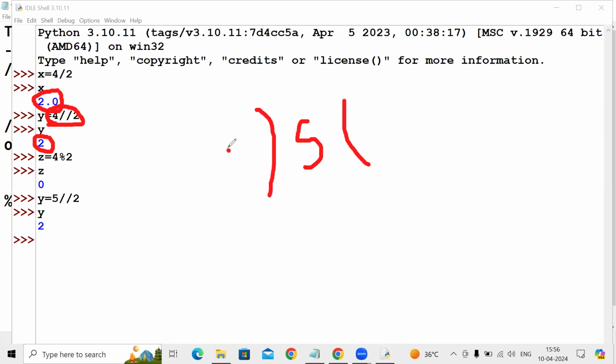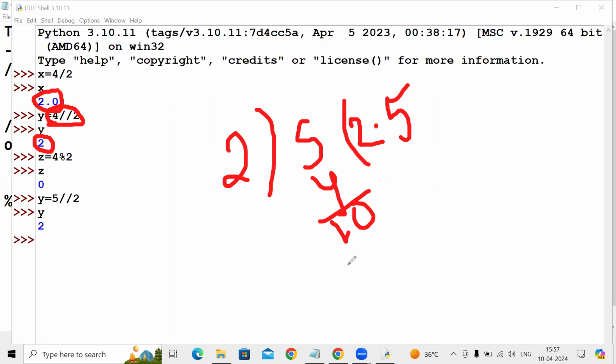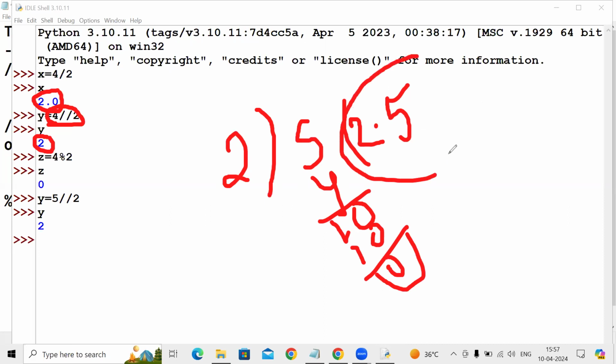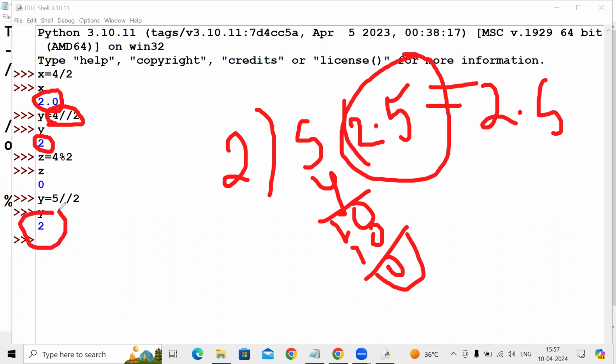Here I am dividing 5 by 2, and we got 2. Actually, we got 2.5, but in floor division it takes the result from the quotient, so it took only 2. This is called floor division, guys.